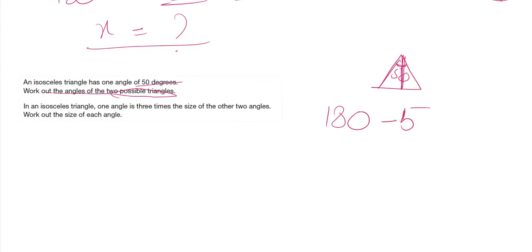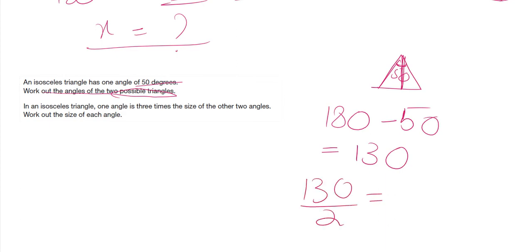We have to cancel out 50 from it, so we are left with 130. And when we divide 130 by 2, what did we get? 65. So these two make up the 65 degree angles.